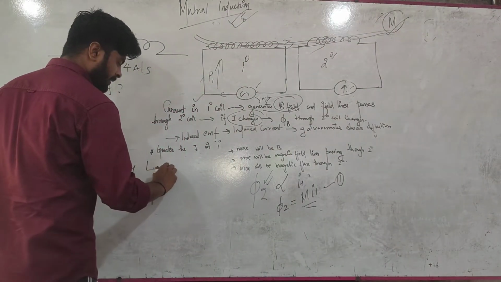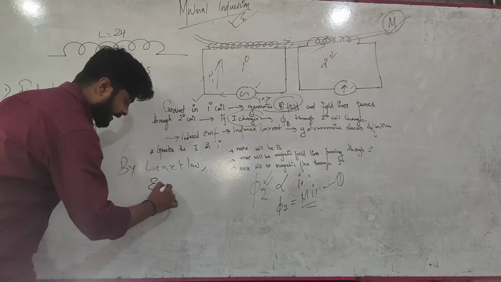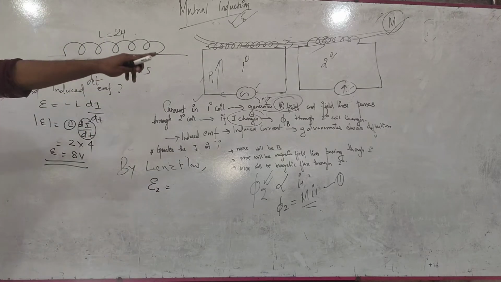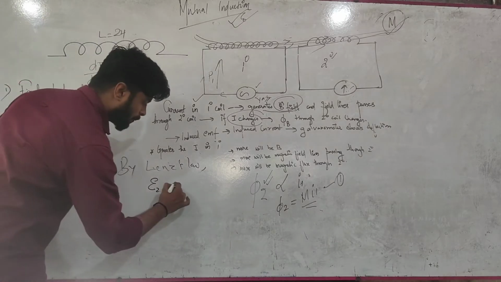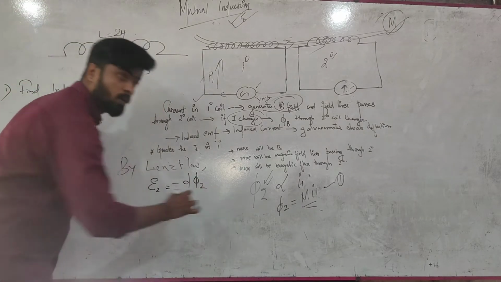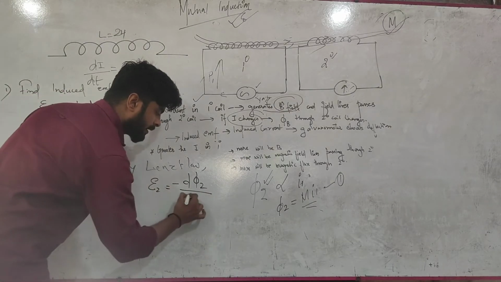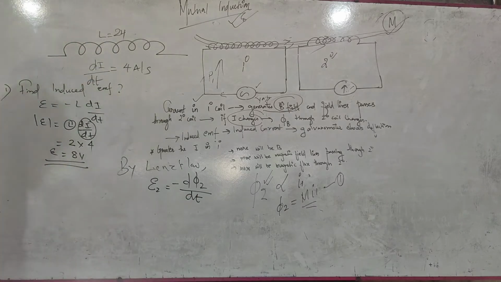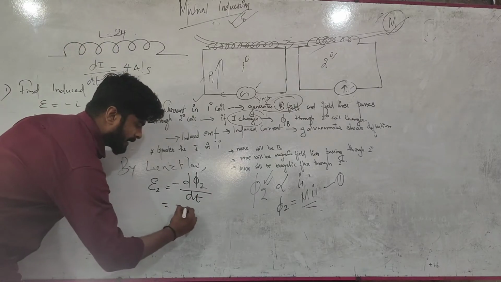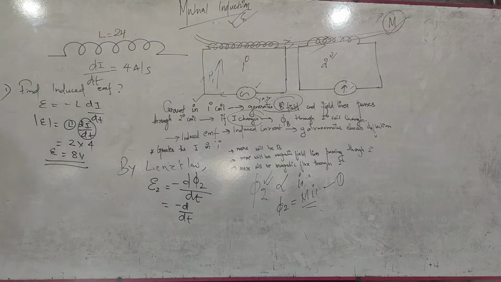So by Lenz's law, what can you write? By Lenz's law, the induced EMF in the secondary coil is equal to minus d phi 2 by dt, not d phi 1, d phi 2 by dt. Am I right? So can I write like this? Minus d by dt of phi 2. What is phi 2? M into I1.